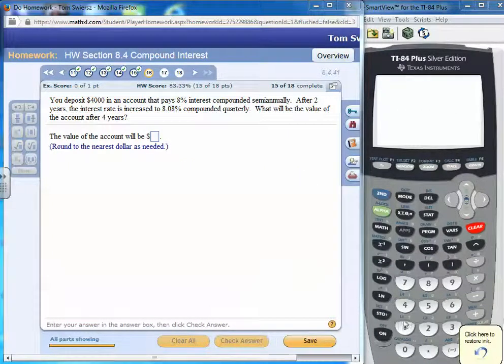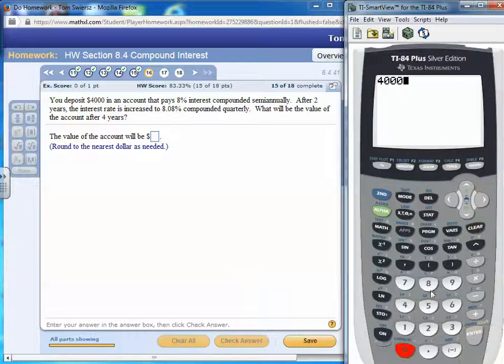So we've got 4,000 times 1 plus the rate, 0.08 divided by 2, semi-annually, n is 2, raised to the n times t, and it's 2 years.